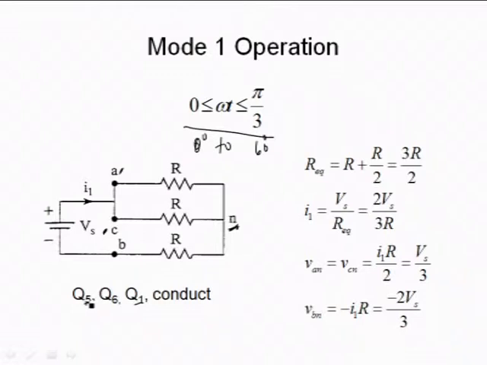So AC is connected to the positive supply and B is connected to the negative.